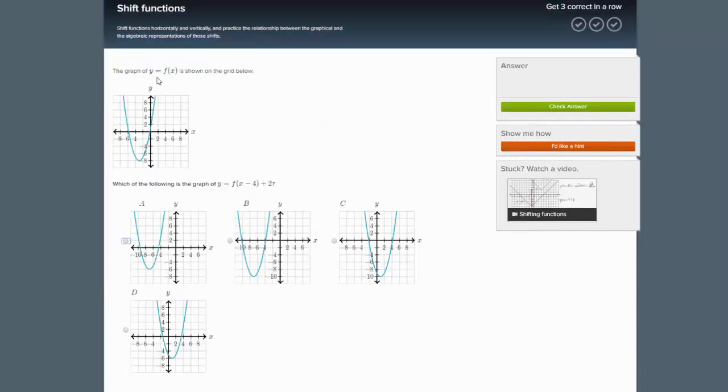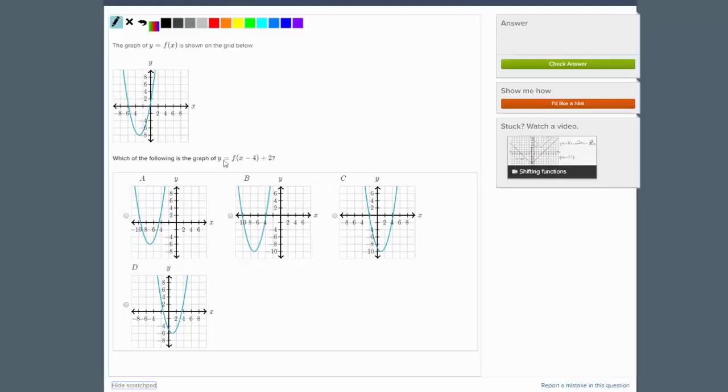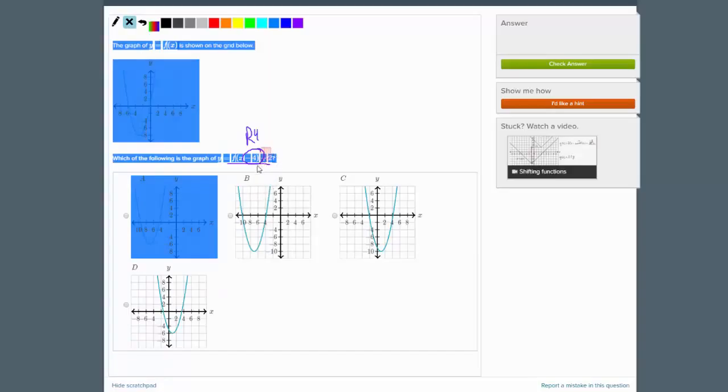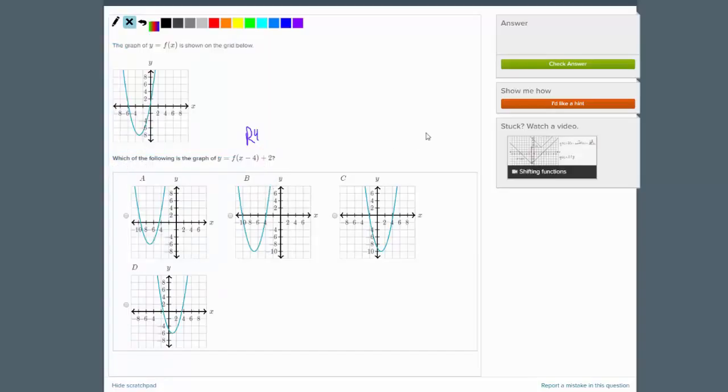Okay, now this says y equals f of x is this. And which of the following graphs is y equals f of x minus 4 plus 2, which means I took my graph f of x and I shifted it right 4, and I covered that grouping symbol so I can see what it is. Right 4, and then this says I shifted it then up 2.